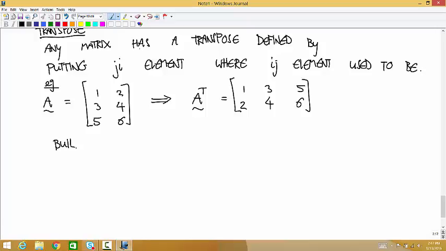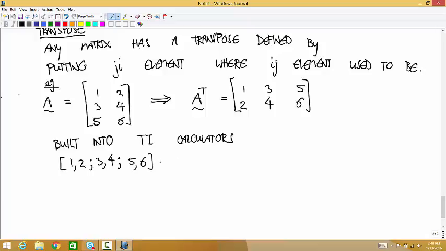The transpose is built into TI calculators. So if you go like 1, 2, 3, 4, 5, 6, and then use this button to store it in a variable.